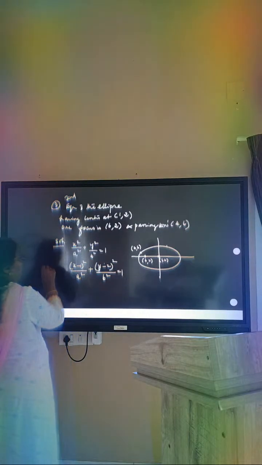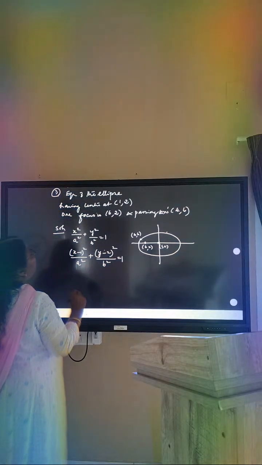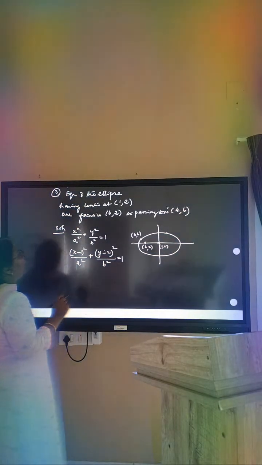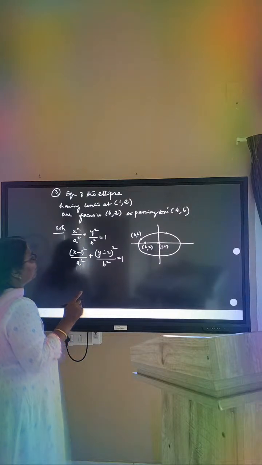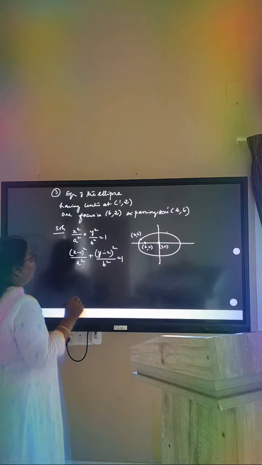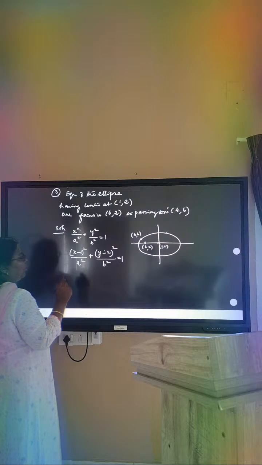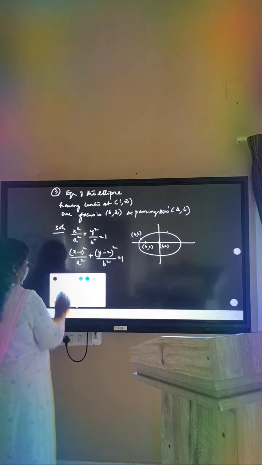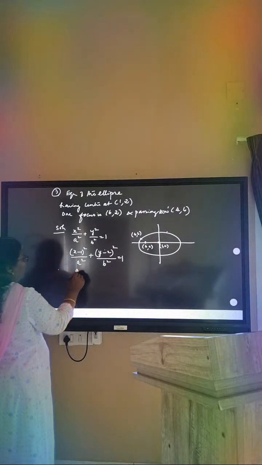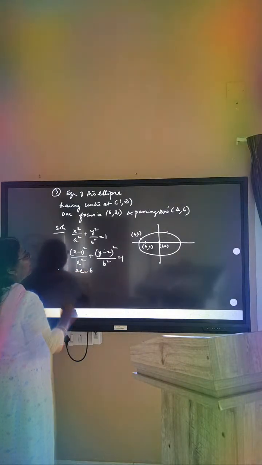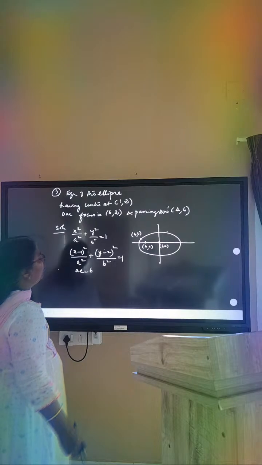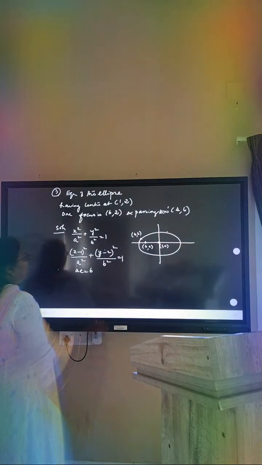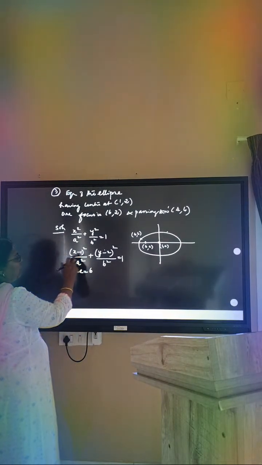And then it's given that one focus is 6, 2. So we can say that a e is equal to 6, and then passing through the point 4, 6 is given, so passing through means I can substitute for x and y.